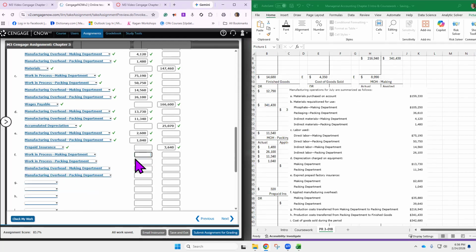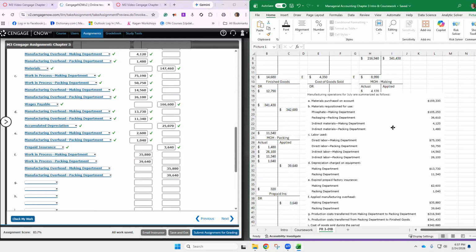The first amount applied is 35,880 and 39,640. Then you just offset it with which manufacturing overhead account it goes to. Now I'm going to put these in.